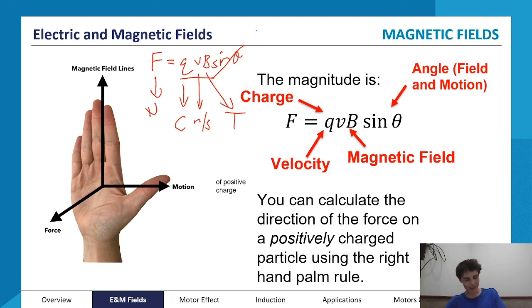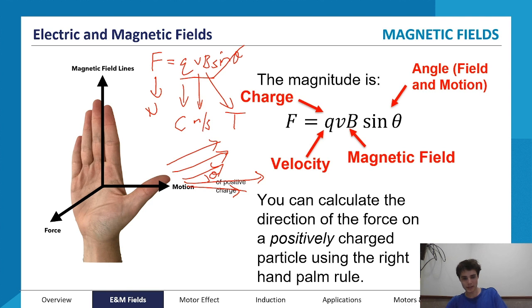Now, sine theta is a bit of a funky thing. It basically measures the angle between the magnetic field lines and the direction of your charged particles. So you can imagine if you've got some kind of magnetic field that's moving along like this, and imagine you've got some particle that's moving along in this direction.